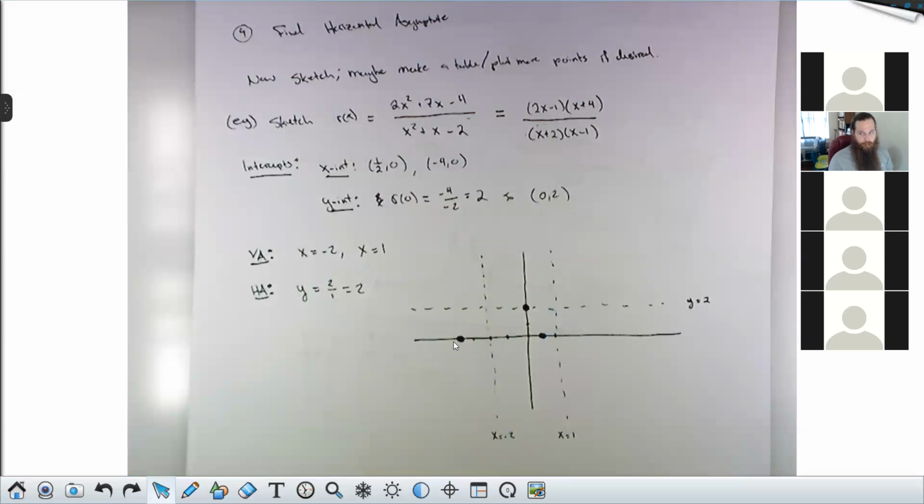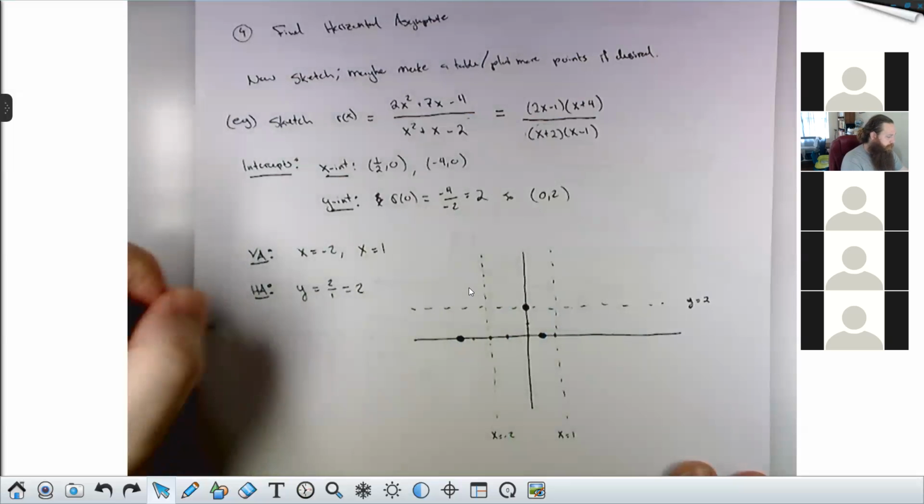Now, a few things. I know I have to approach this horizontal asymptote. It's either going to happen from above or from below. And because I've got an x-intercept here, I know it's going to happen from below. And that would actually tell me that I'm going to approach this asymptote on the left going down. But if you're unsure, make a little table.